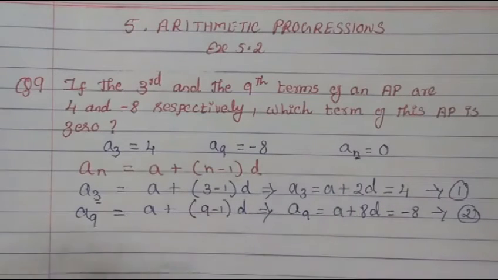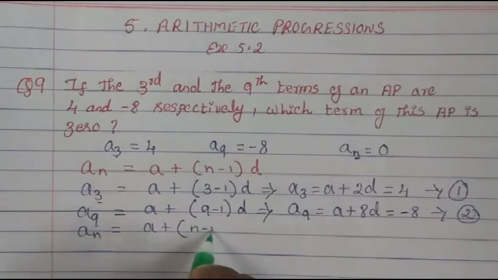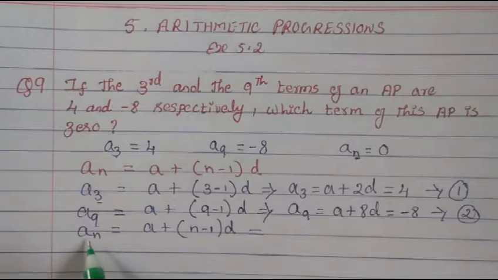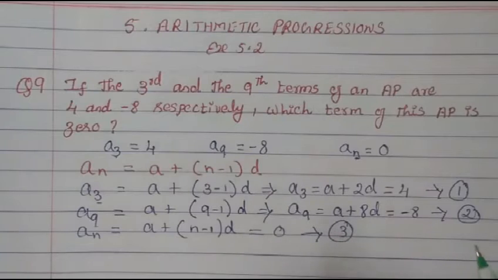Now we have to find out AN. We don't know the N value, so we write it as it is, N minus 1, and D also we don't know, which is equal to AN is equal to 0. So this is equation 3. We have equation 1 and equation 2 given to us, but here we don't know the N value, we have to find it out.